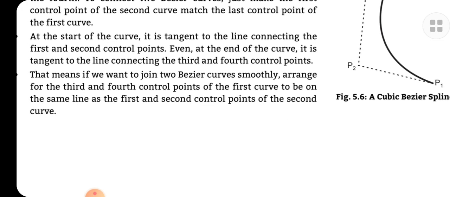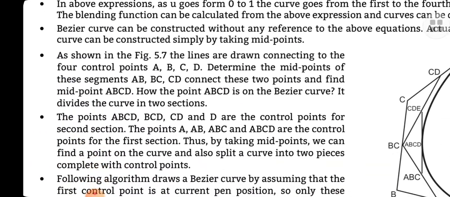At the end of the curve, it is tangent to the line connecting the third and fourth control points. That means if we want to join two Bezier curves smoothly, arrange the third and fourth control points of the first curve to be on the same line as the first and second control points of the second curve.